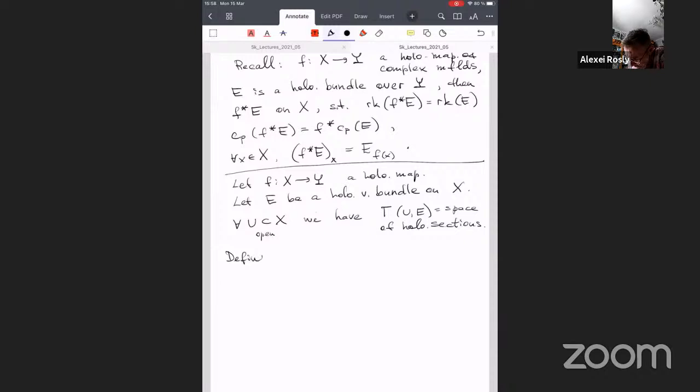Let us define, for any open set, say V, in Y, gamma with subscript V to be by definition the space of sections of the initial bundle over the pre-image of V, which is open in X.